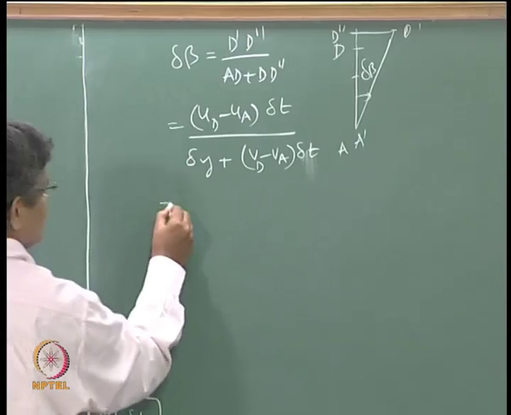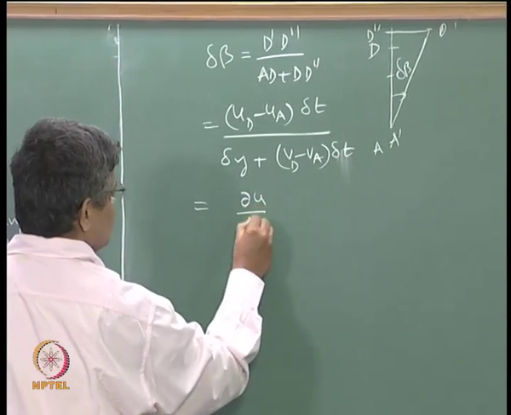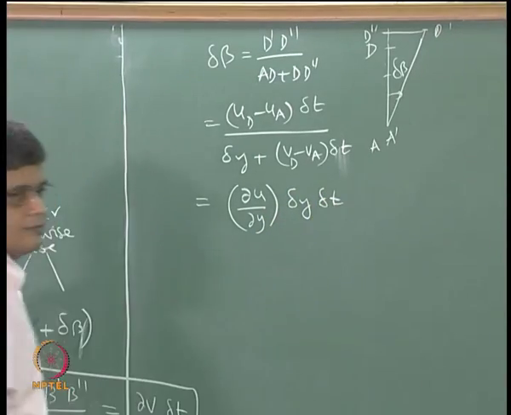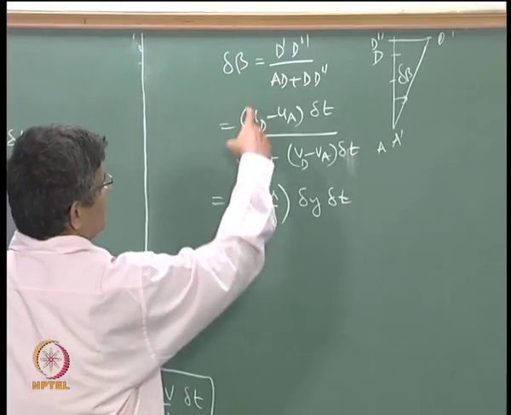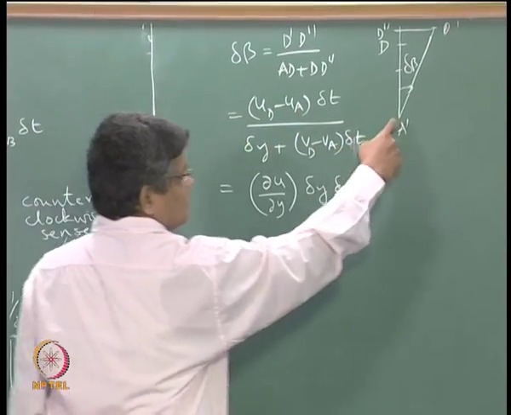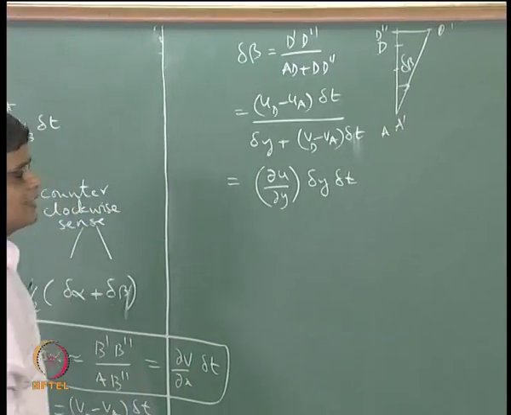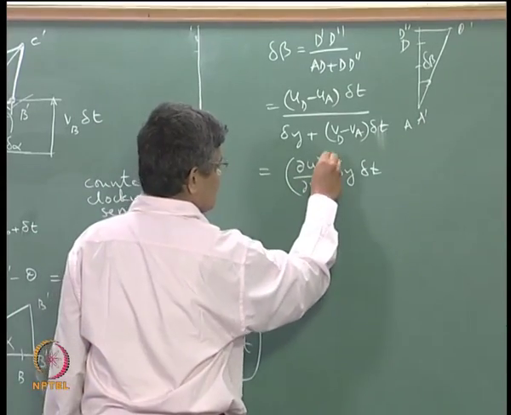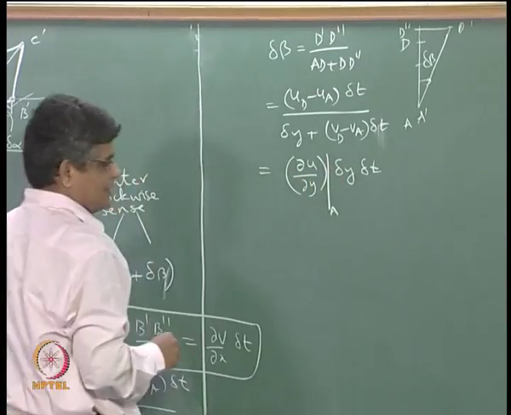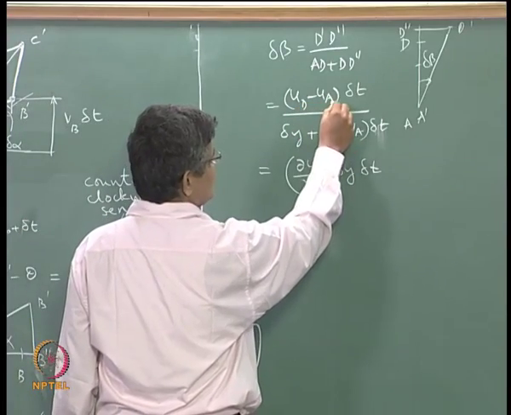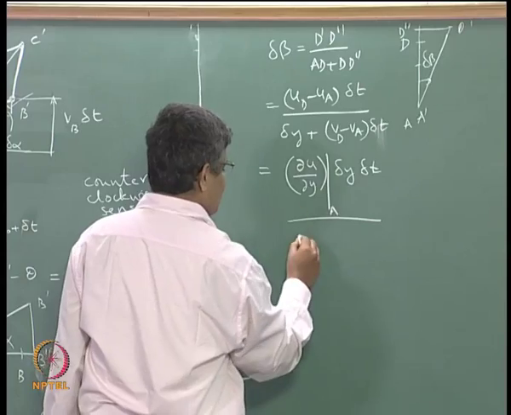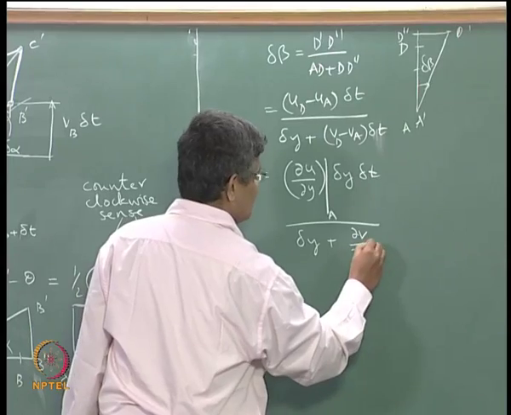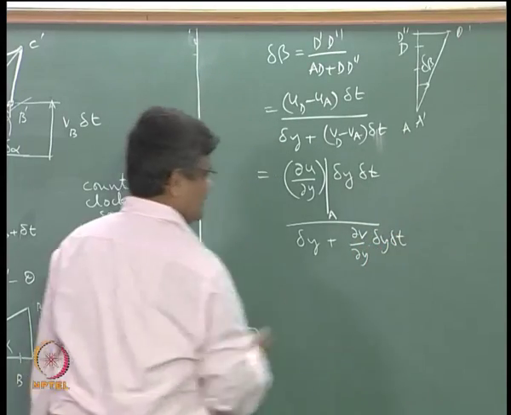Okay, so we can write using the same argument as du by dy times delta y delta t, du by dy because particles d and a are separated by vertical distance, so their variation is with respect to y here. So, we can say that dou u by dou y at a times delta y times delta t is this divided by delta y plus dou v by dou y times delta y delta t.